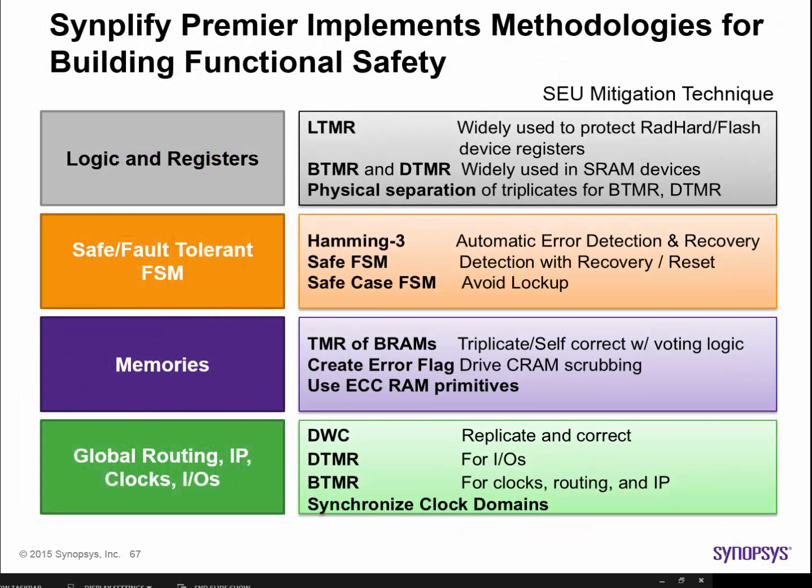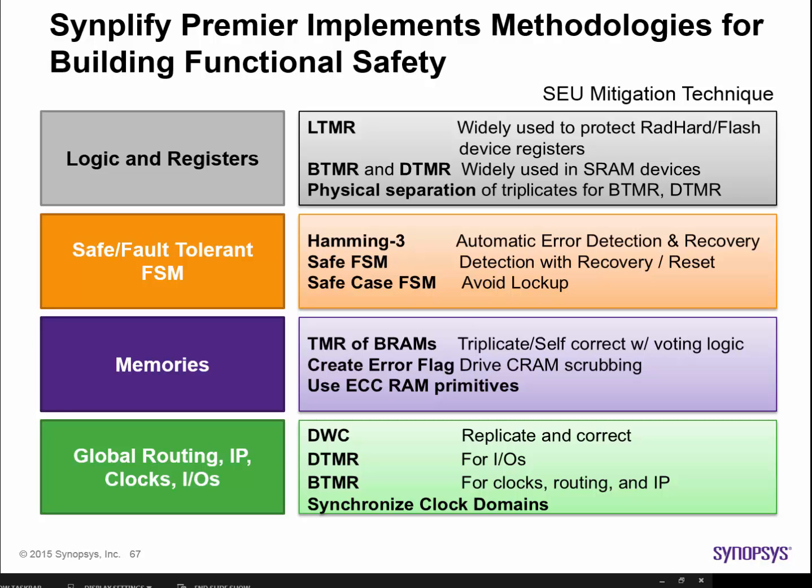Here is a summary of techniques to use to protect FPGA primitives on the FPGA die from radiation-induced errors. In terms of specific techniques, redundancy and error correction using a technique called TMR is very popular and is used to protect logic cells, memories, registers, clock routing, and complex IP blocks.